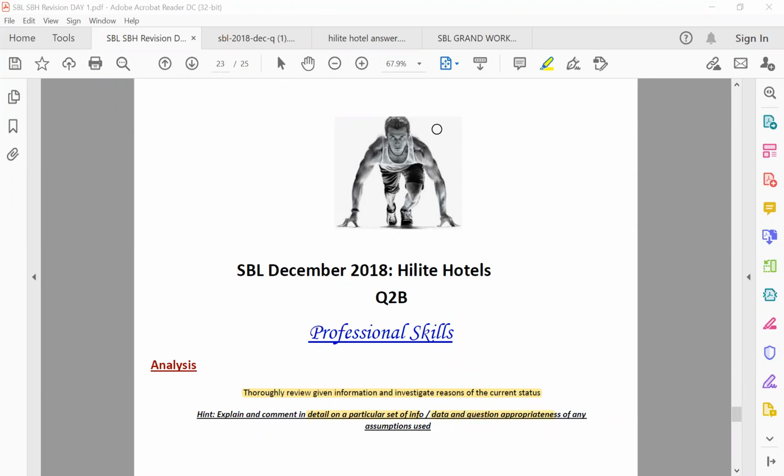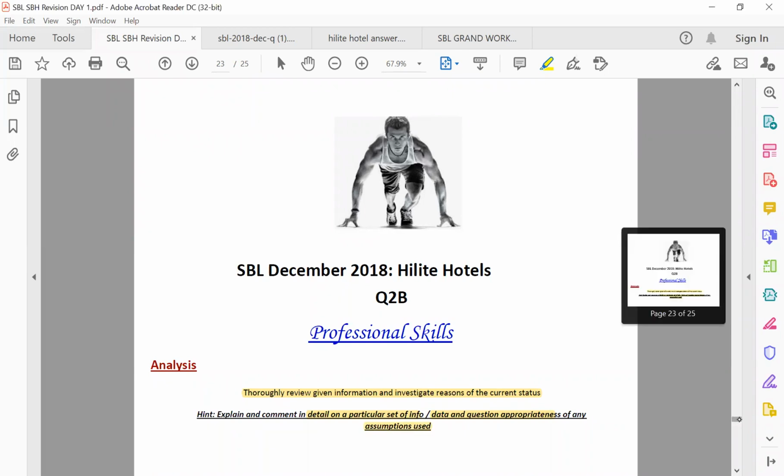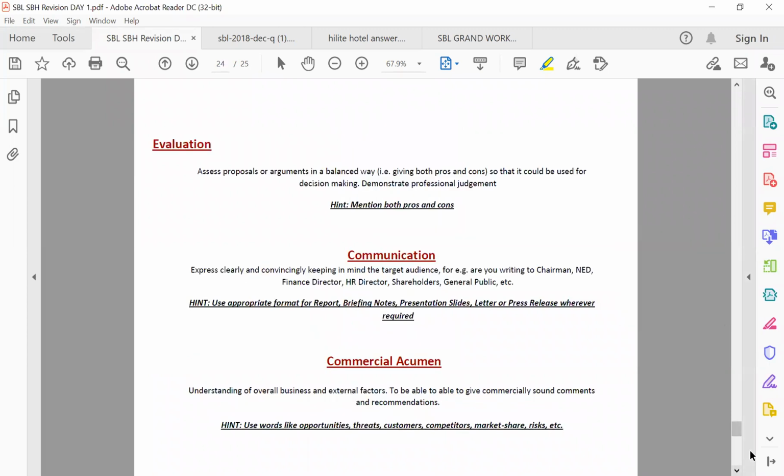And if you are using certain assumptions, you need to tell the examiner that these are the assumptions being used in the question. This is the way in which the analysis skills take place.